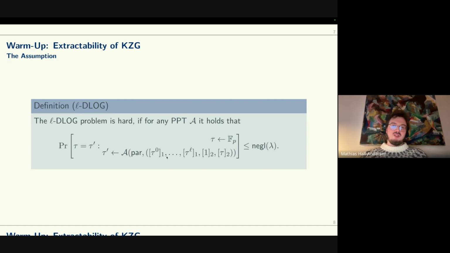It's sort of a generalization of discrete log. So any questions about this assumption? This should be okay.